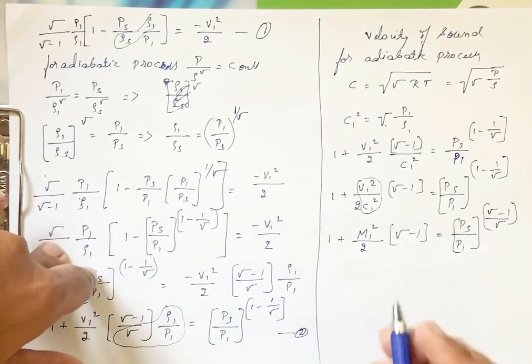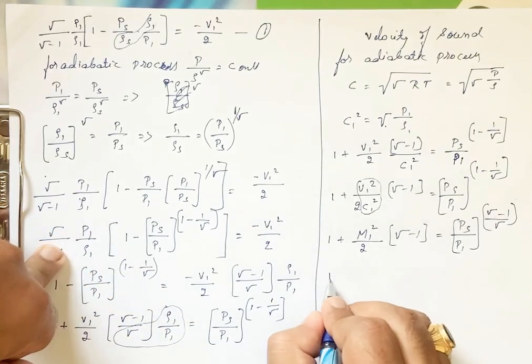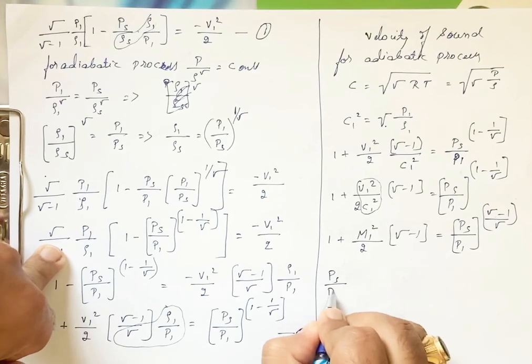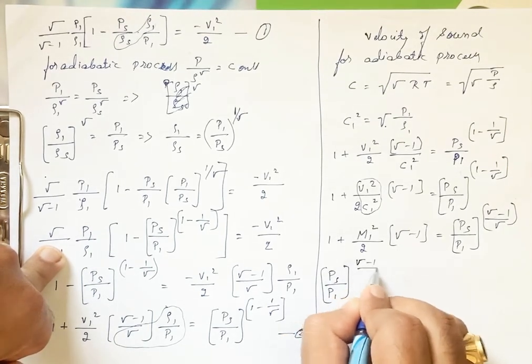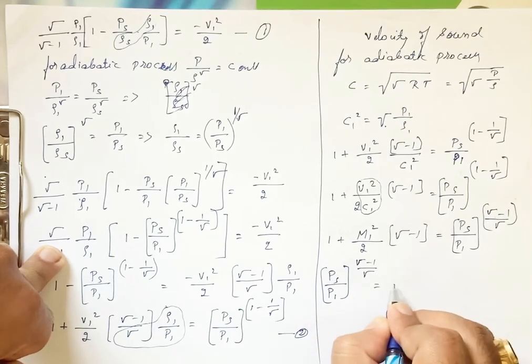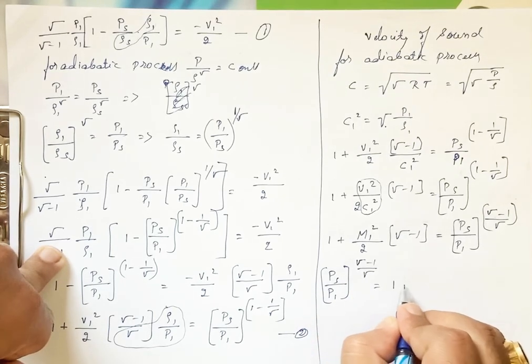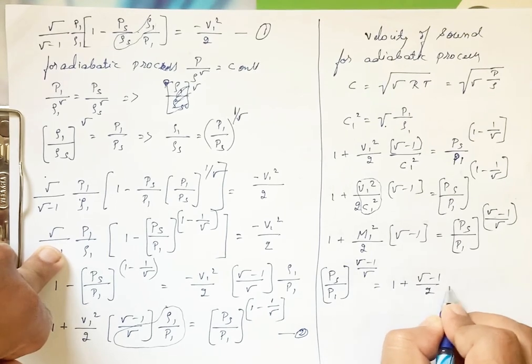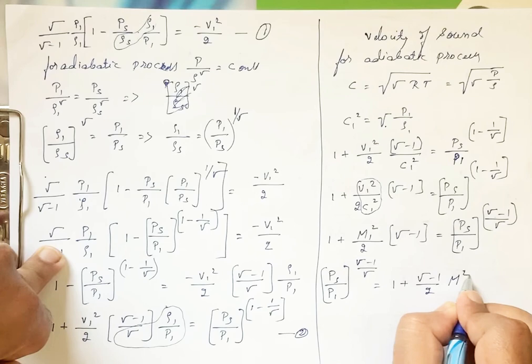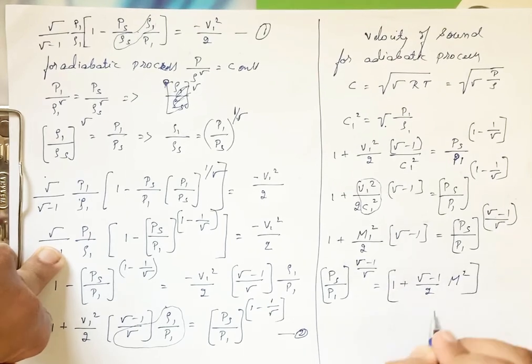After that I'll write Ps divided by P1 raised to gamma minus 1 divided by gamma is equal to 1 plus gamma minus 1 divided by 2 into m square here.